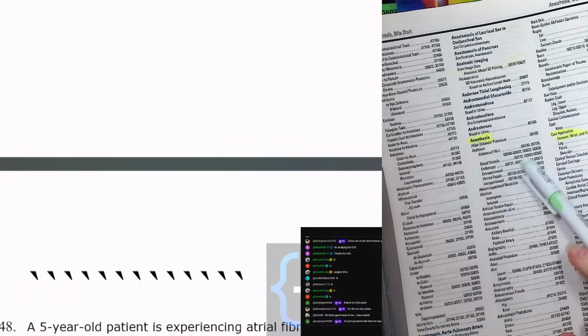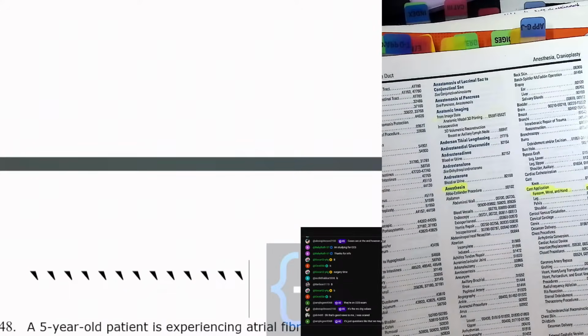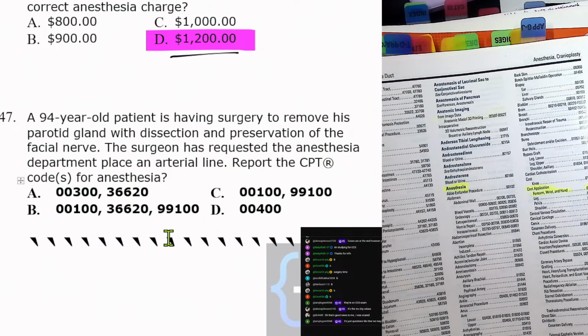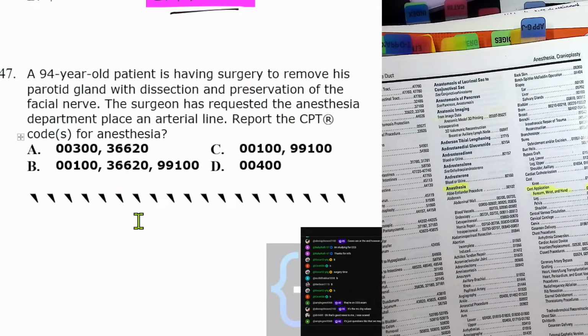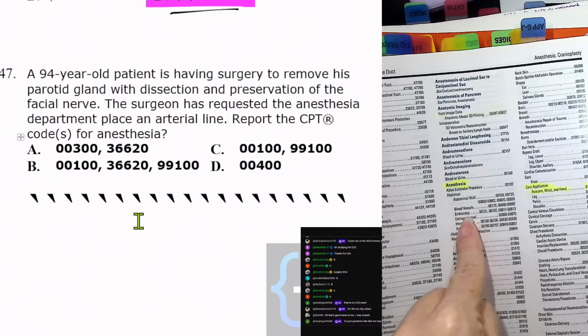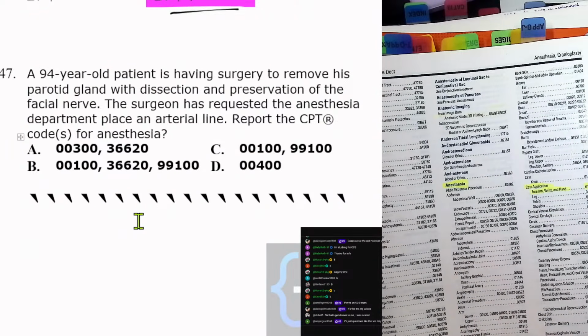It's a lot easier to look up your body part back here in your alphabetical index than it would be to do these inside the CPT code section of the book. Like if you were at the actual 00100 codes, whatever, at page 68, it's harder to do them there than it is with the alphabetical index, because here you can go anesthesia for the body part, right?